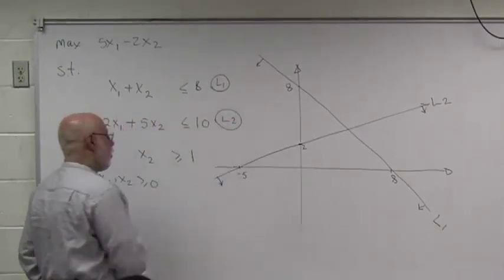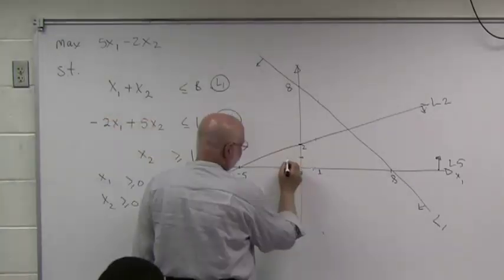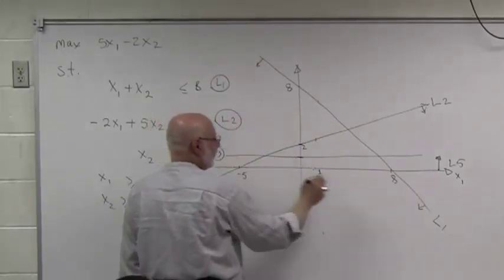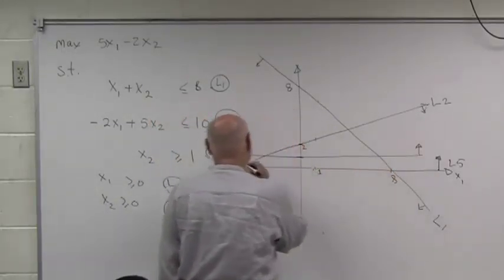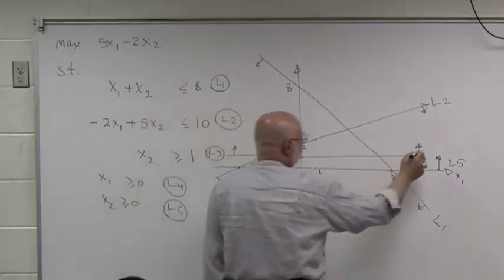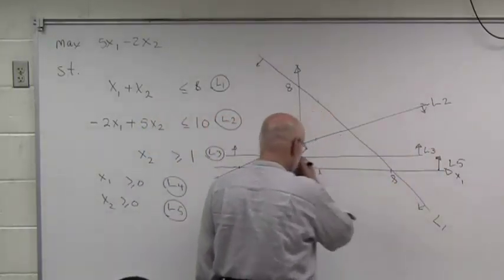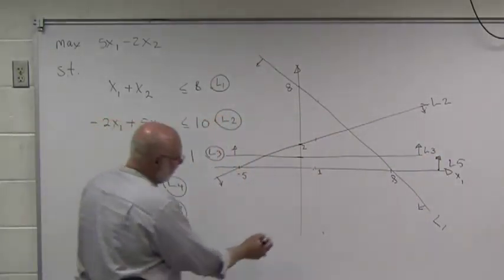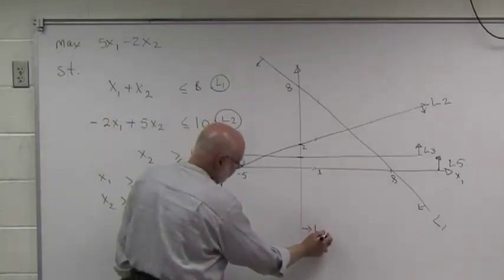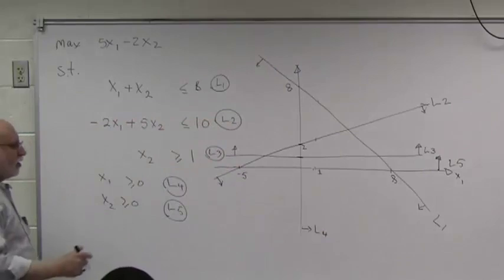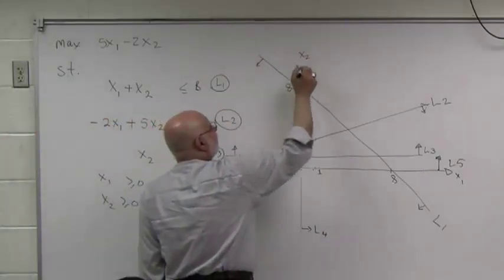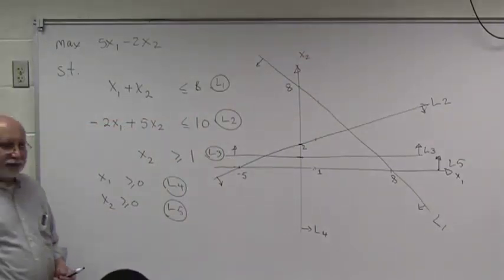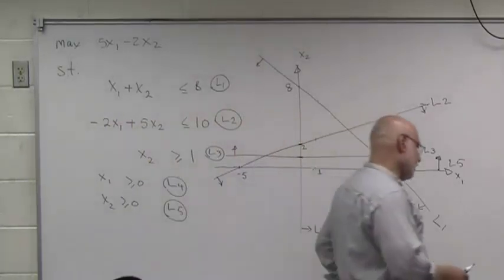And x2 greater than or equal to 1, that is L3. That is L5. This is L4. That's x2. And we have a feasible region identified.